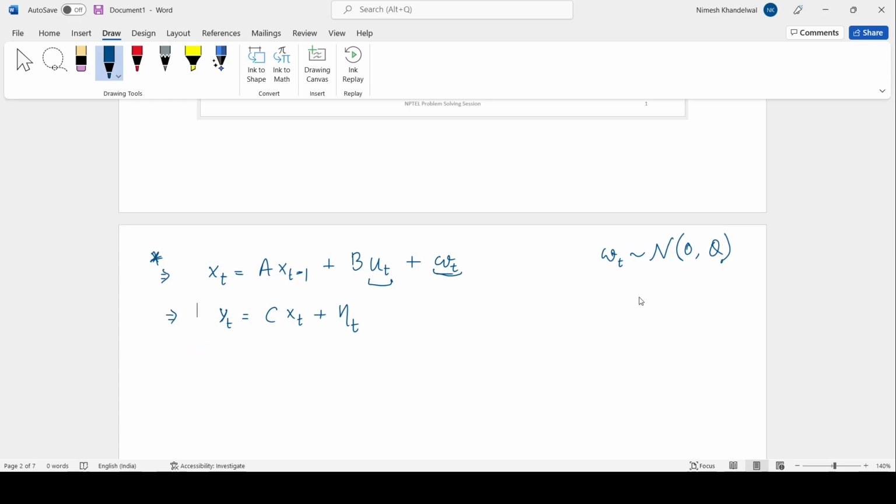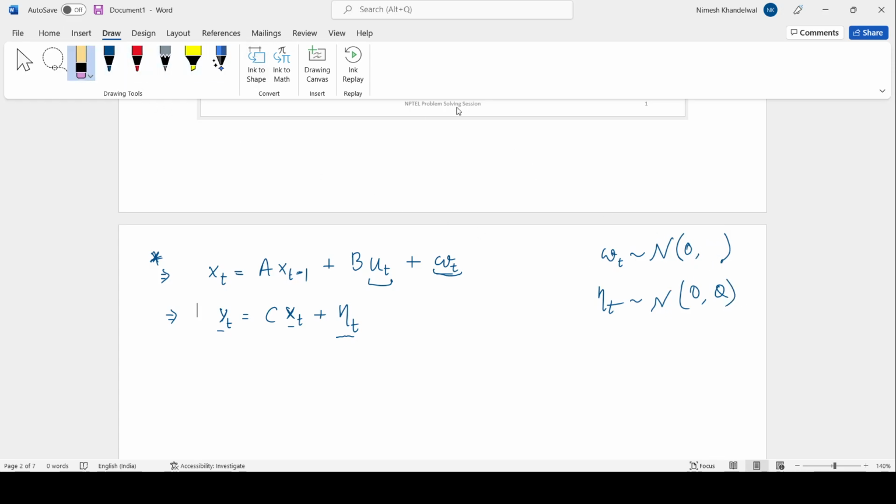Any measurement that I make depends linearly on the state, and it has some noise given by eta t, which is again assumed to be a Gaussian noise of zero mean.